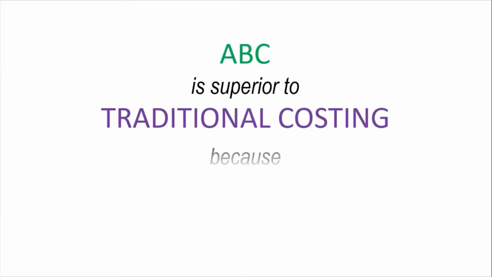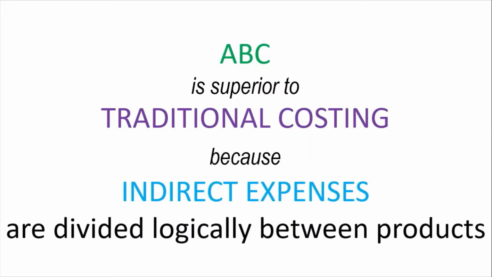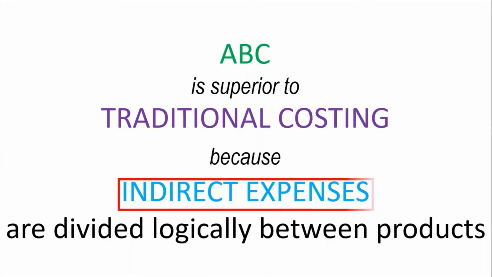Now you all know that activity-based costing is a superior method of arriving at the cost of a product. What are indirect expenses? In simple words, indirect expenses are not direct expenses. So what are direct expenses? Direct expenses are those expenses which can be directly traced to a particular product.